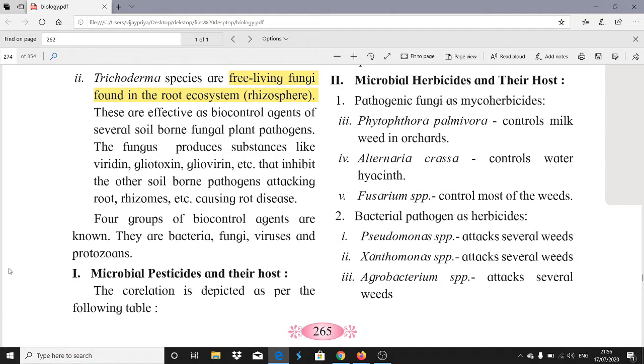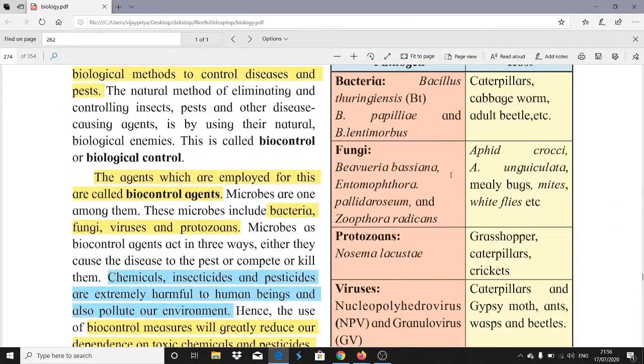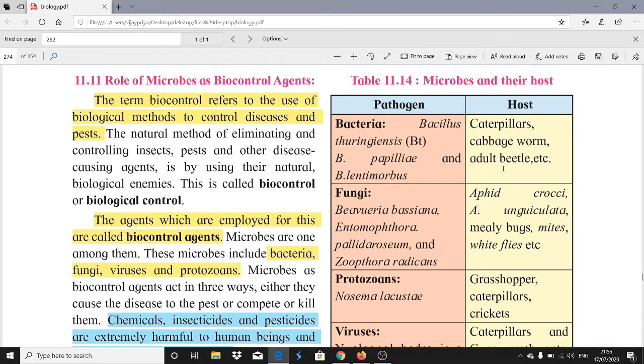So four groups of biocontrol agents are known. They are bacteria, fungi, viruses, and protozoa. Microbial pesticides and their host: the correlation is depicted in the following table. This is a very important table where the pathogen is Bt, that is Bacillus thuringiensis, and the host is caterpillars, cabbage worm, adult beetle.